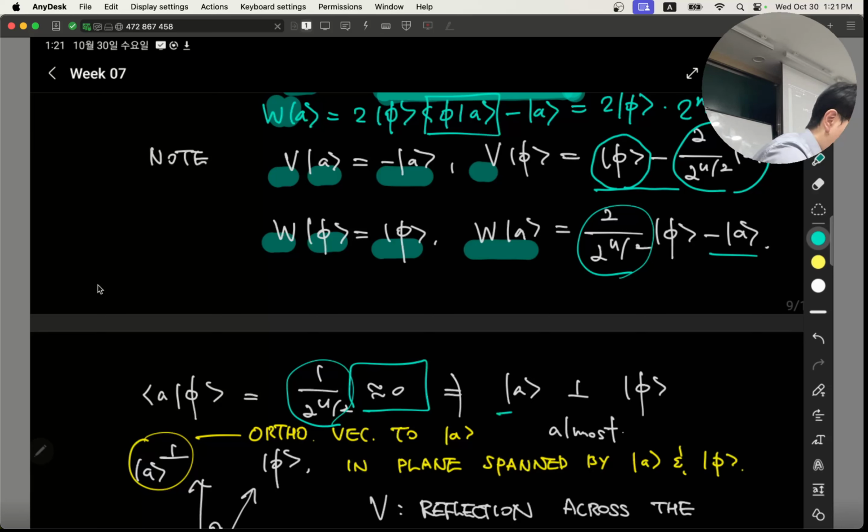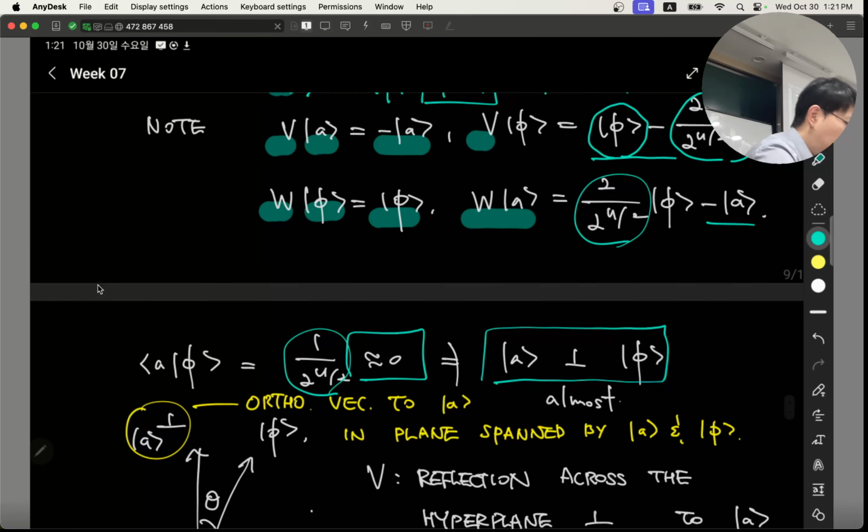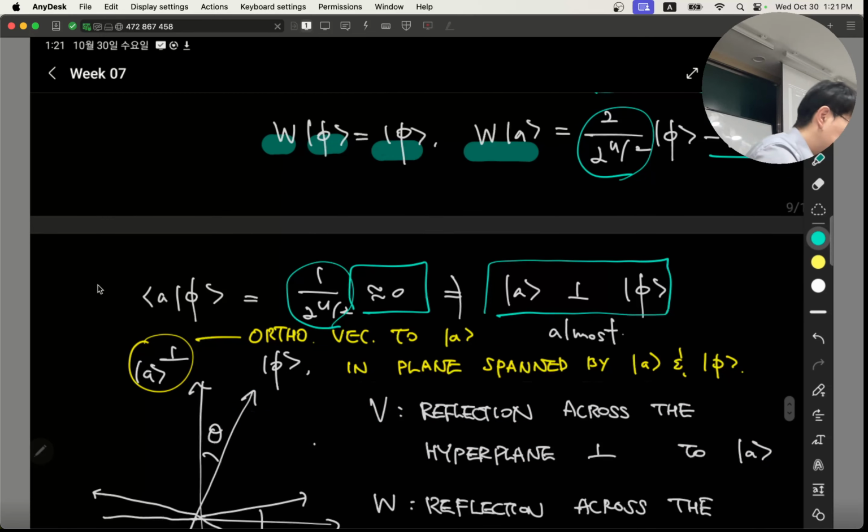So let's assume that A and phi are perpendicular, and let's take one vector, and there are infinitely many vectors, but let's say what I indicate by A perp.